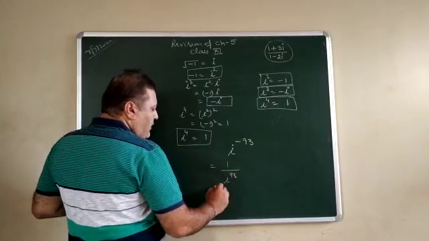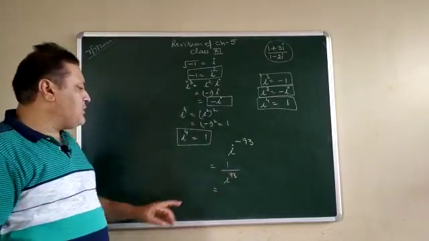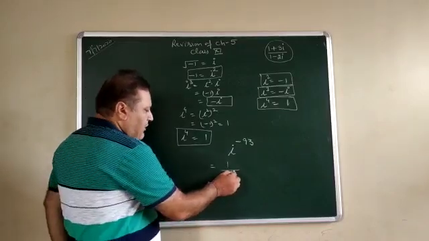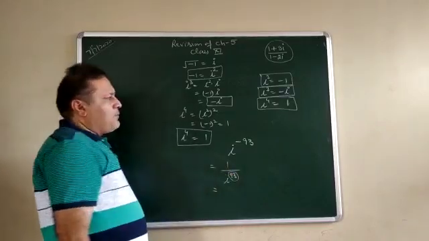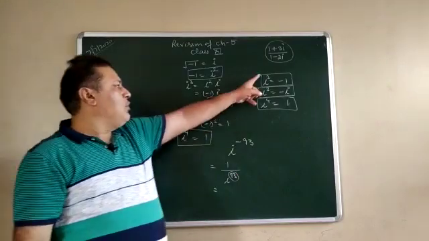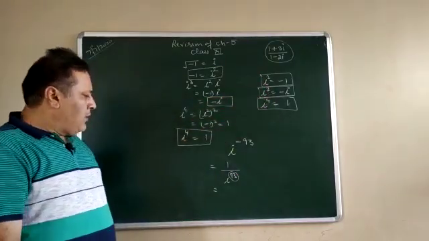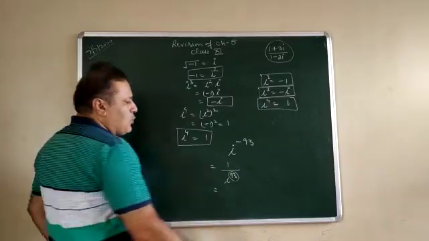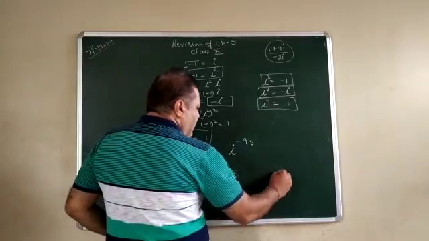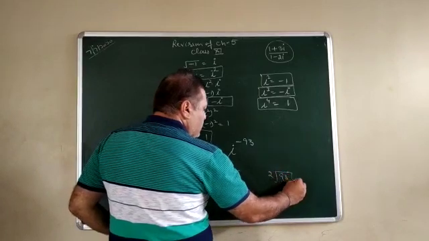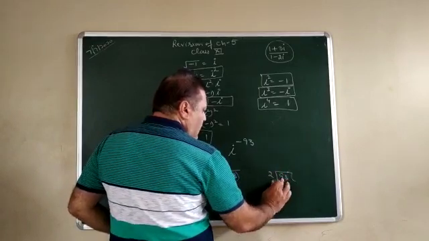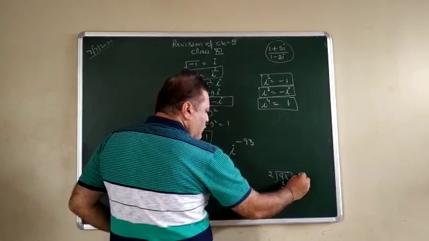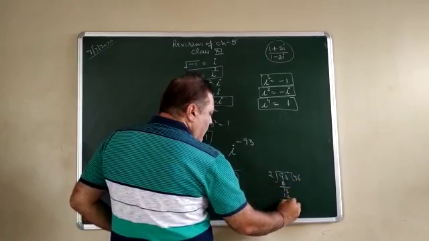Now remember one thing, whenever you solve this question, 1 upon iota to power 93, whatever the number is given here, you have two options: either divide it by 2 or divide it by 4. But the convenient method is to divide by 2. So when 93 is divided by 2, 2 4s are 8, 1 is left, and 2 6s are 12, only 1 is left.